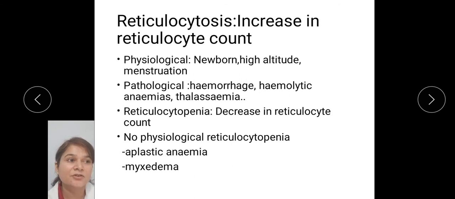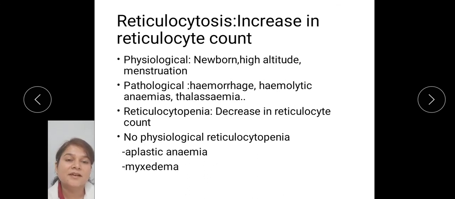It is also seen at high altitude, because the erythropoietic activity is higher. During menstruation, because there is blood loss, as a part of the protective mechanism, erythropoietic activity is increased. Pathologically, it occurs in all anemias: in hemorrhage, in hemolytic anemias, and in thalassemias, in which the erythropoietic activity is more, right?